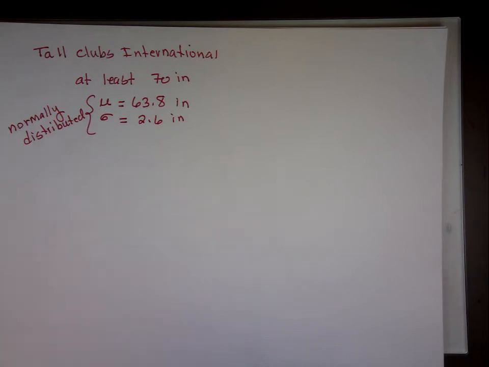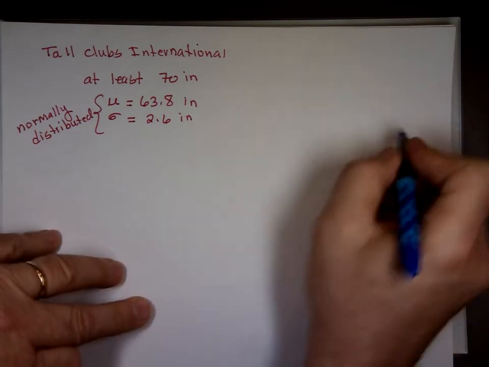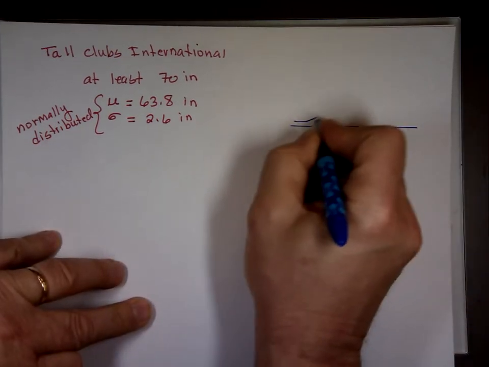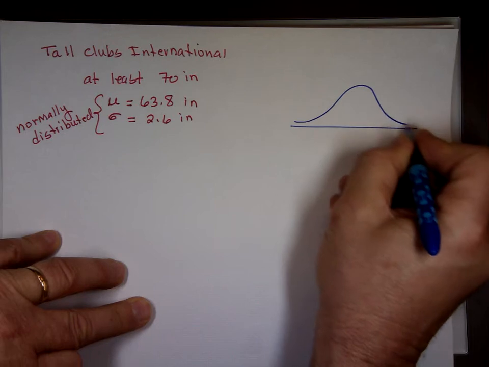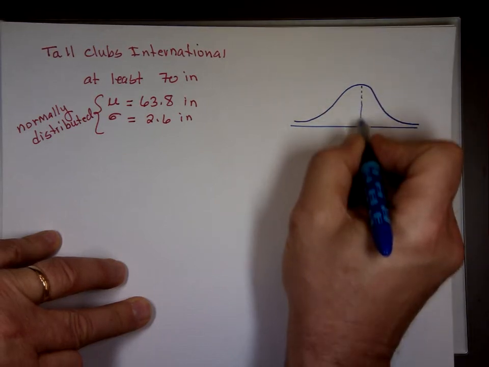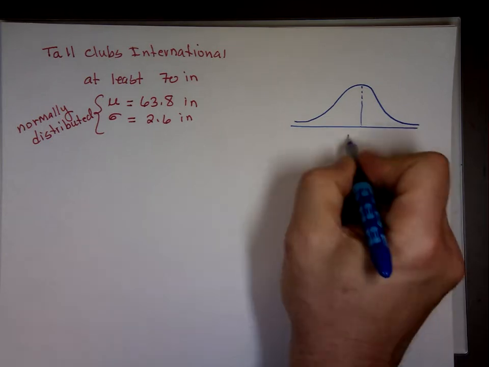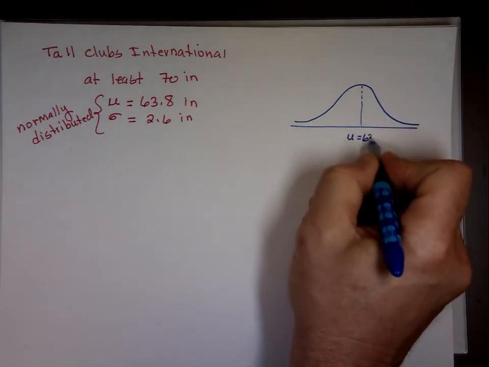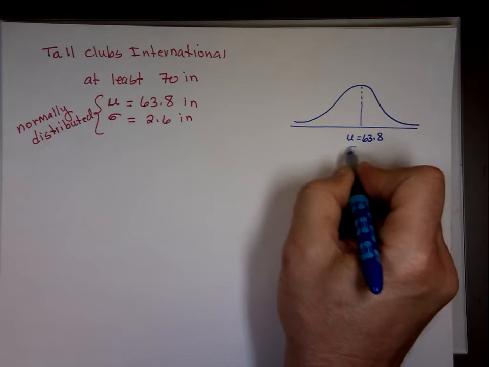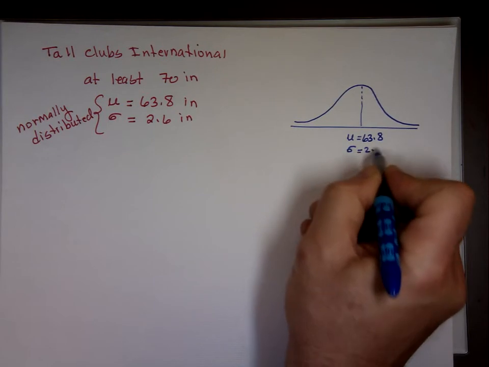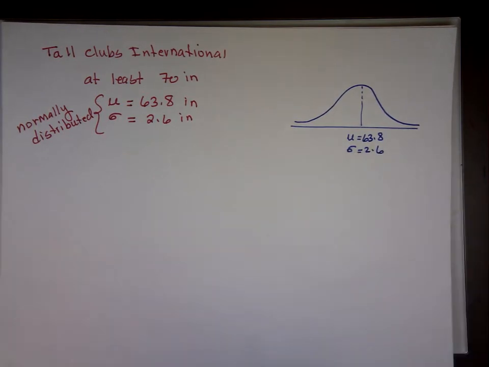So now, first step is graph it and try to decide if it's the left side or the right side. Women's height is normally distributed. There's the mean, 63.8, right in the middle there, and let me write the standard deviation under it, 2.6. It says if you want to join us, you got to have a height of at least 70 inches. What does at least 70 mean?